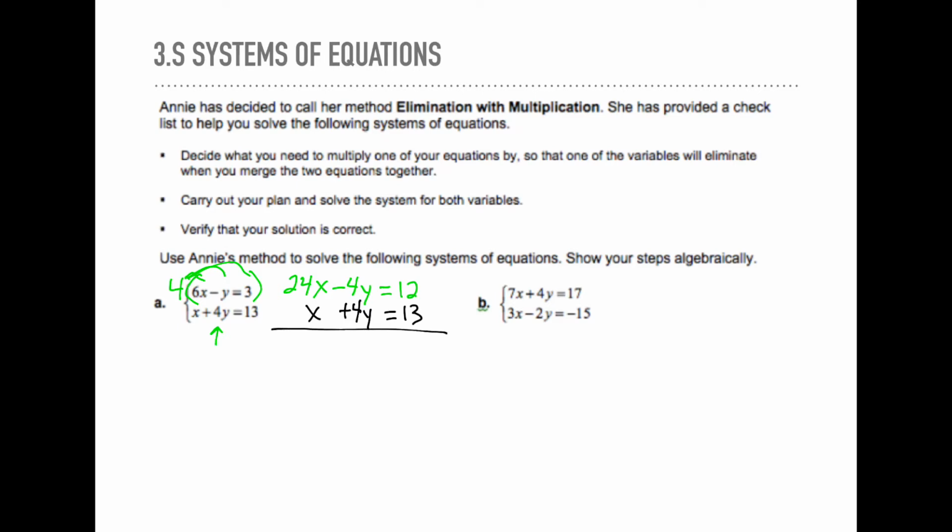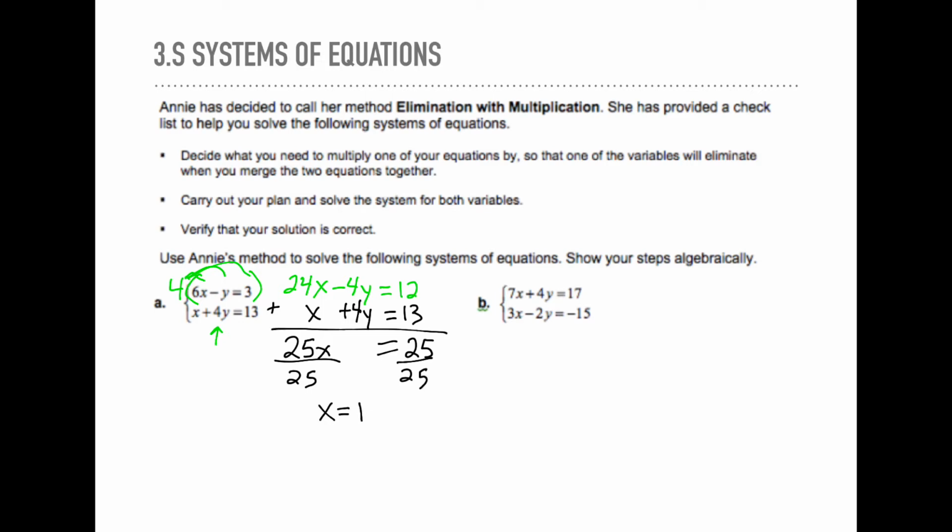So when I solve this and I add them together, 24x plus 1x is going to give me 25x. The negative 4y and the positive 4y are going to cancel out. And 12 plus 13 is going to give me 25. So 25x equals 25. Divide by 25. Divide by 25. And we get x is equal to 1.